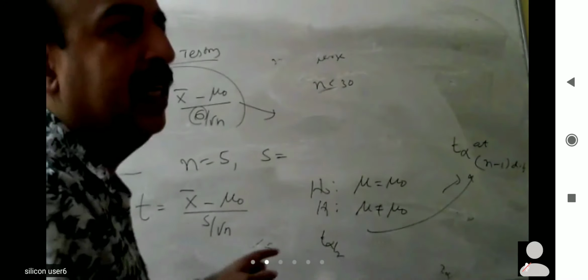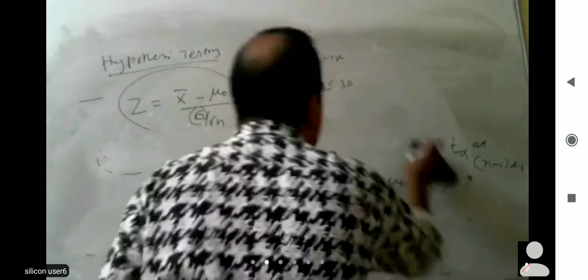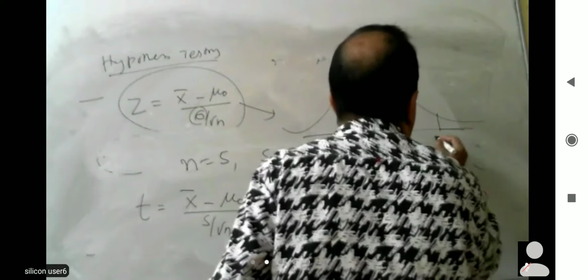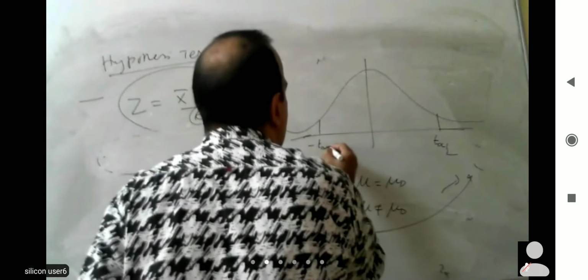Then the question is, is there any relationship between the testing hypothesis and confidence interval? Yes, it is for two tail, because the T distribution is the same as your normal distribution. If it is two tail, then this is T alpha by 2, this is minus T alpha by 2.